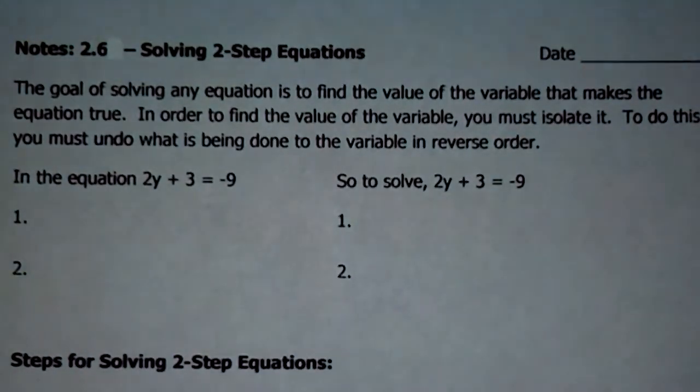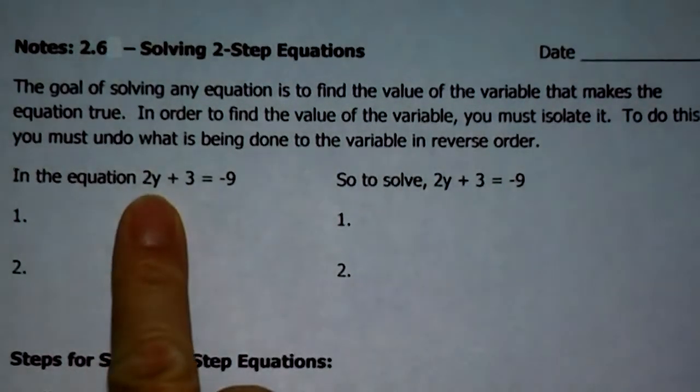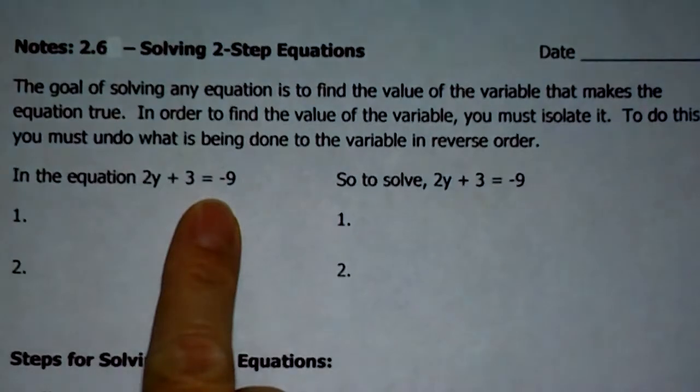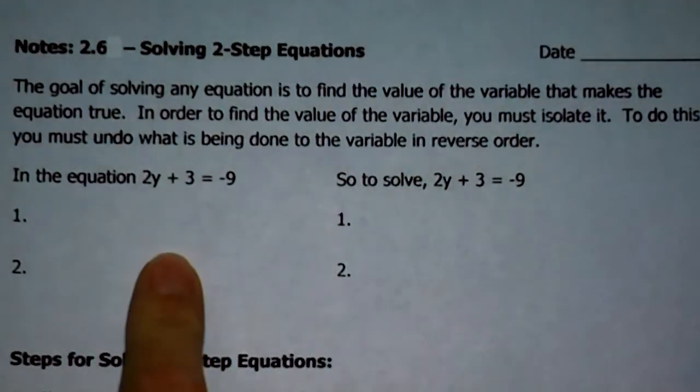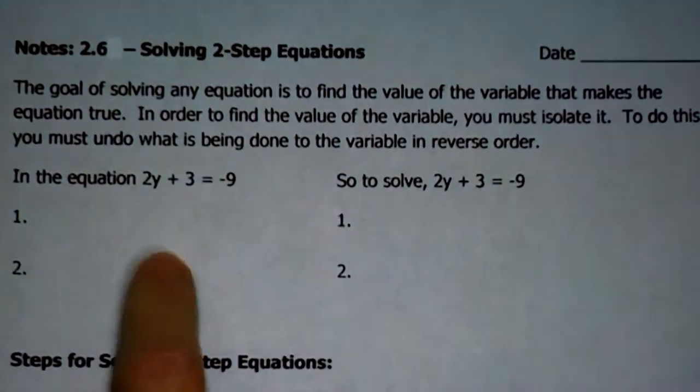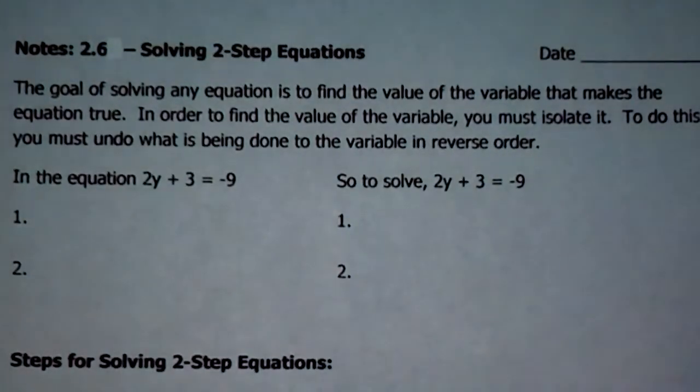And we were already learning that in order to do this, we basically undo whatever's being done to the variable. So we try to cancel things out, whatever's being done. In this first equation here, the 2y plus 3 equals negative 9. Think about what's being done to the variable and the order that it's being done according to order of operations.